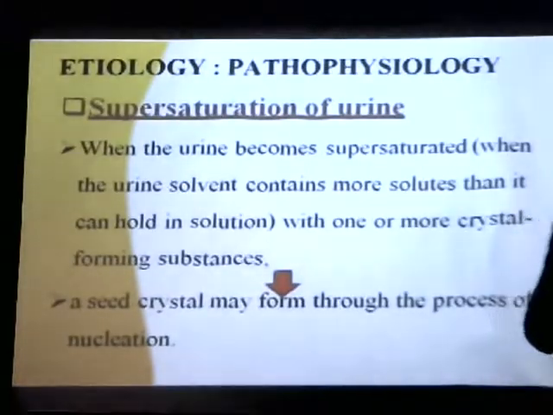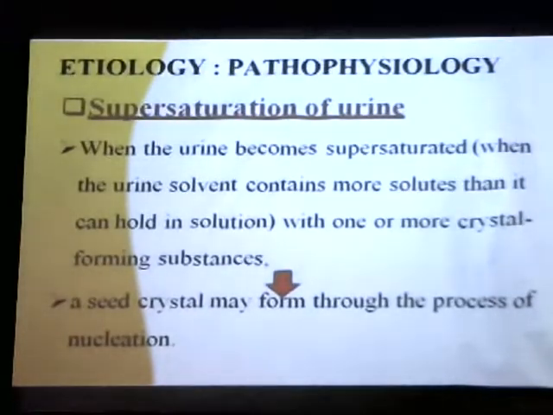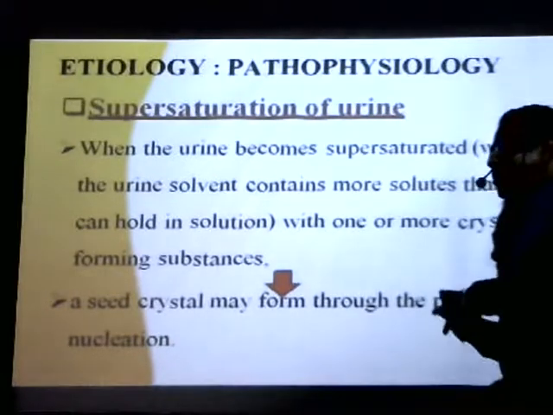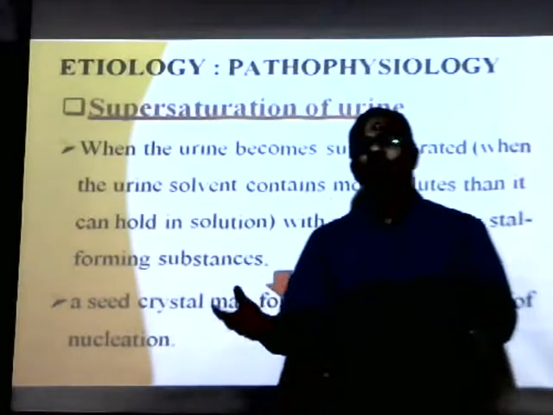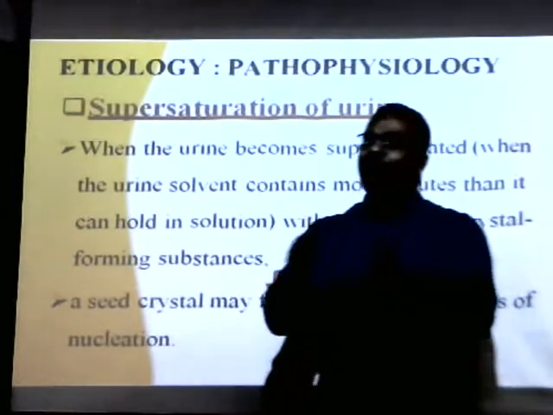Let us investigate each one of them and understand how actually the renal calculi develop. The first and foremost is the supersaturation of urine. It's very interesting to understand: when the urine becomes supersaturated, what is the meaning of supersaturation? If we understand what a solution is, we have a solvent and we have a solute.